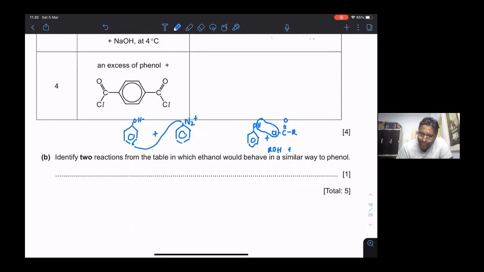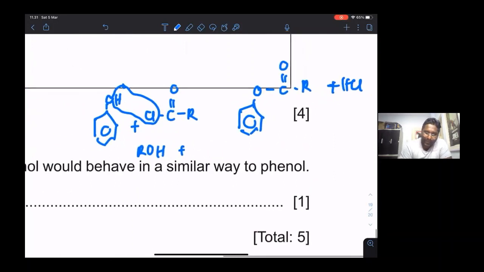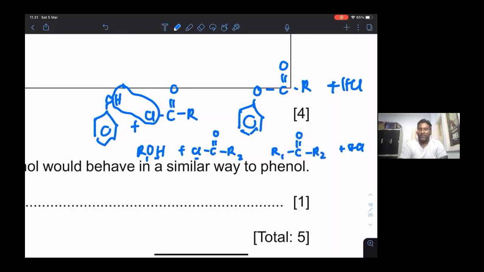So you are going to get O, and then C double bond O R, and then HCl is given up. ROH follows the same thing as well: R1 with C double bond O, then R2. This is also ester.